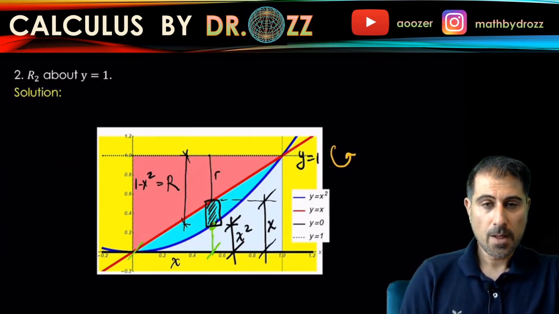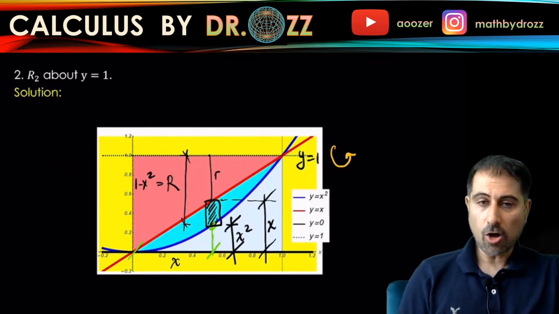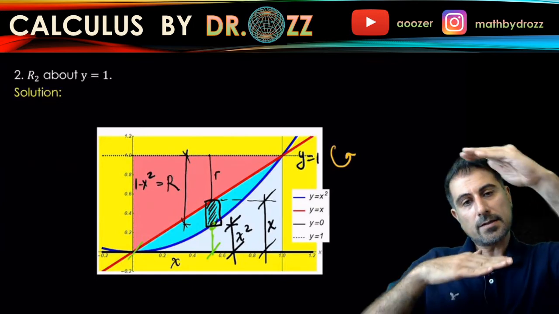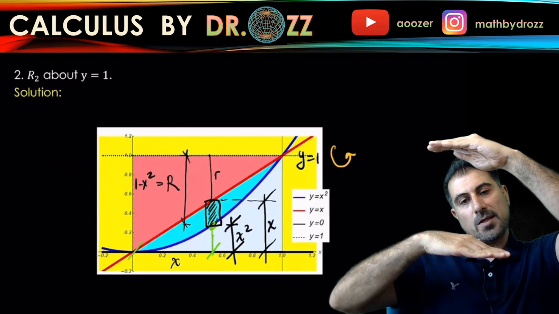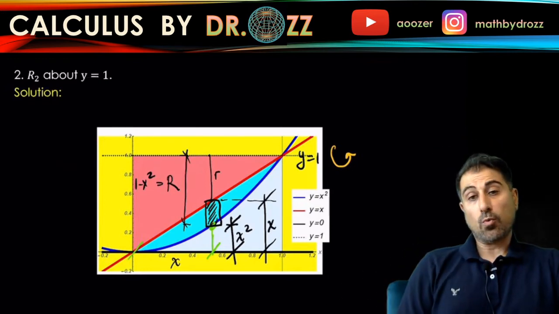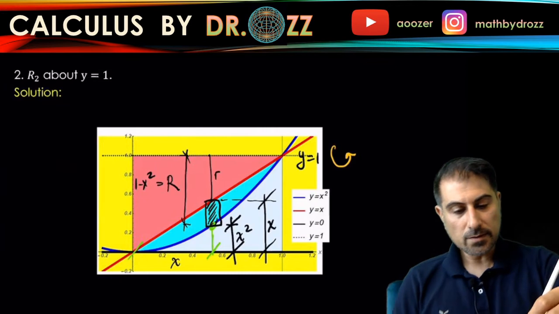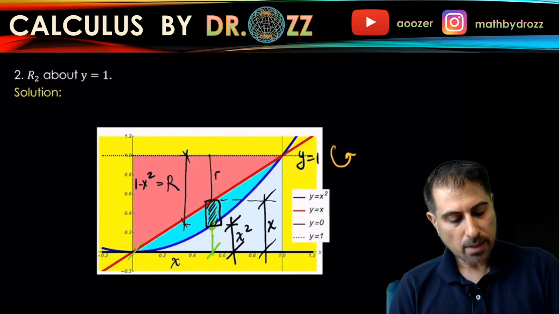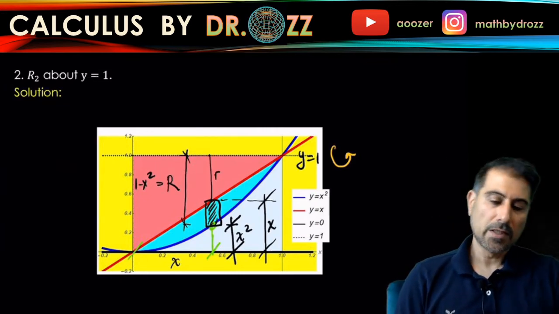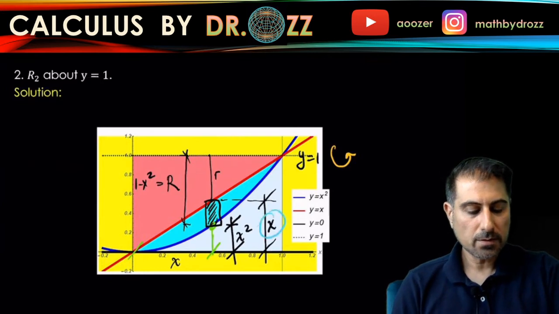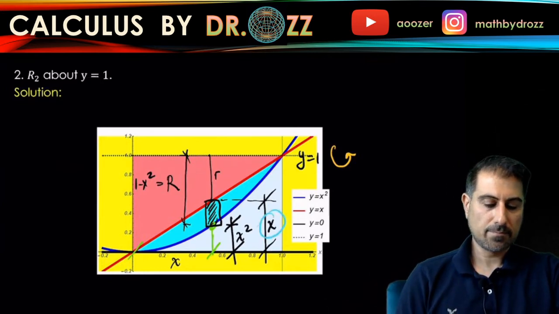Okay. But I need little r, thinking that the distance between the x-axis and y equals 1 is just 1. And this distance is already equal to x, right? So little r is going to be 1 minus x.